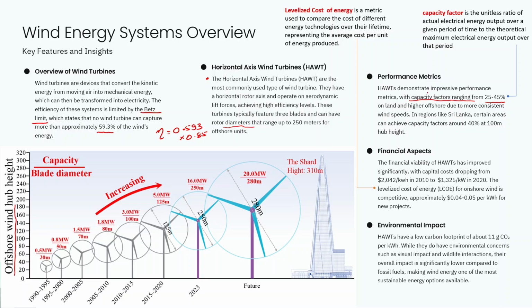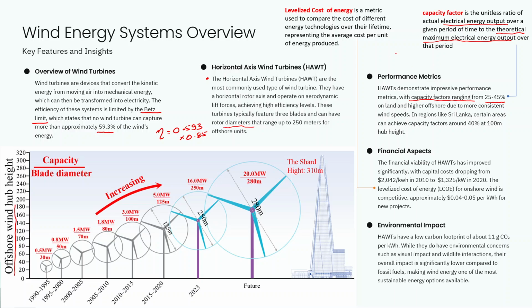If you're wondering what the capacity factor is, it is the unitless ratio of actual energy output over a given period of time, over a day or over a week or whatever, to the theoretical maximum electrical energy that can be produced over the same period, right?